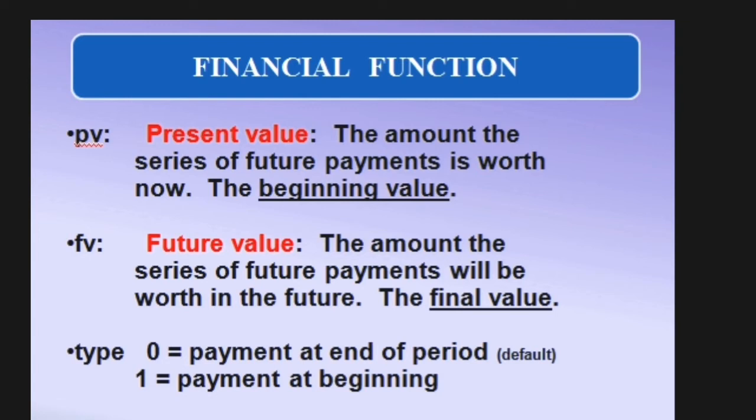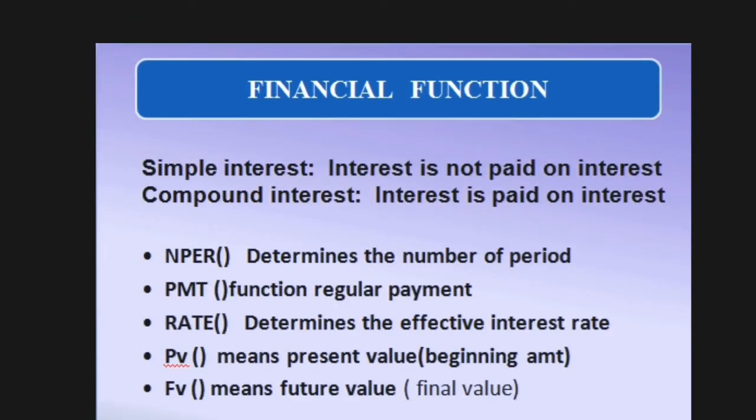So this financial function is very useful when we want to find out simple interest or compound interest. Simple interest is not paid on interest, and compound interest is paid on interest.